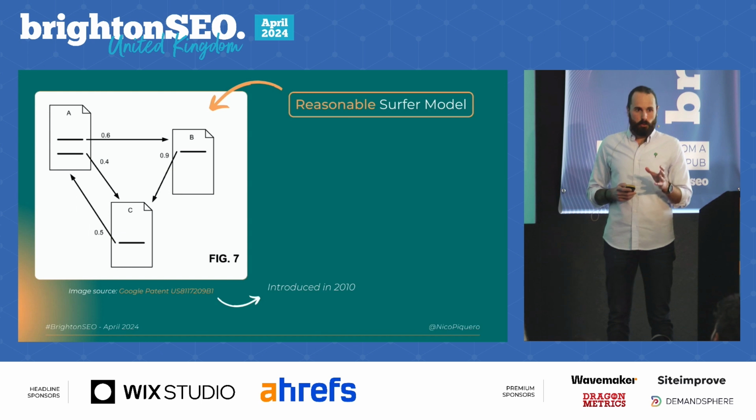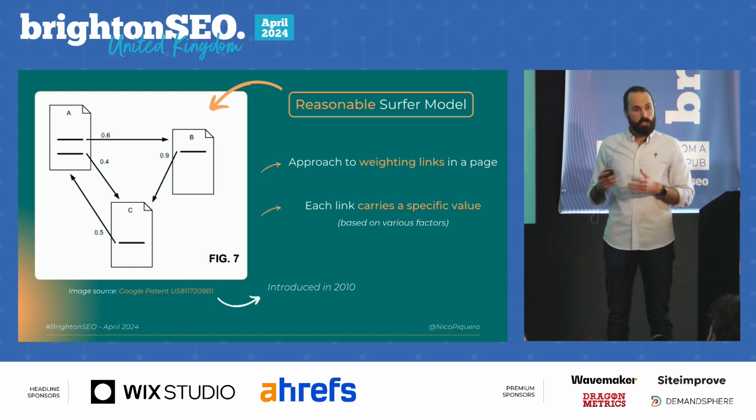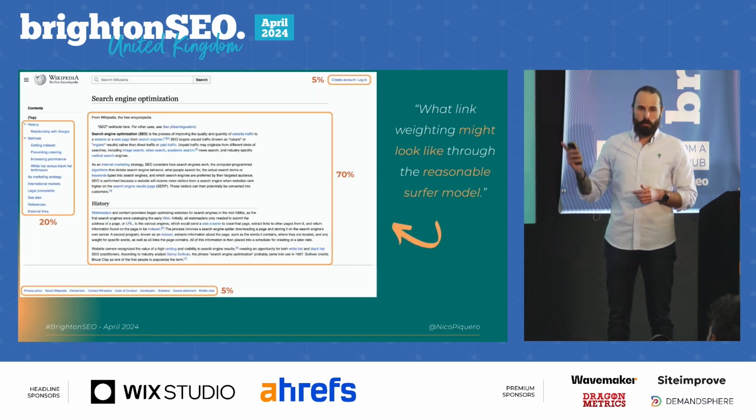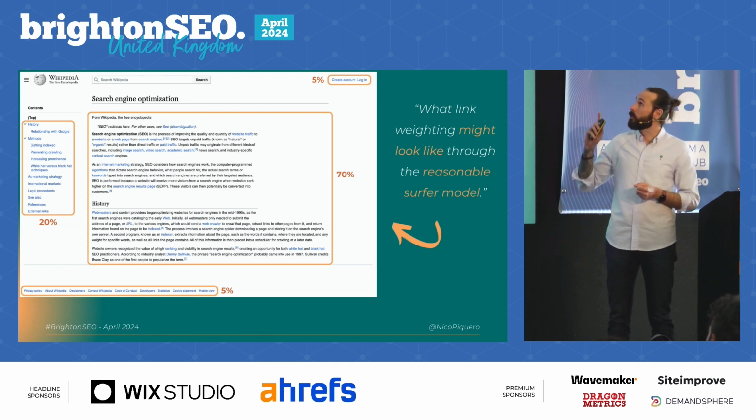And in a few words, what it is: this is an approach to weighting links in a page where each link carries a specific value. And to illustrate this, this is what link weighting might look like through the reasonable surfer model. So here we can see the contextual links, the links in the body of the content, carry more value, more weight than the links located in the header, sidebar, footer, menu.